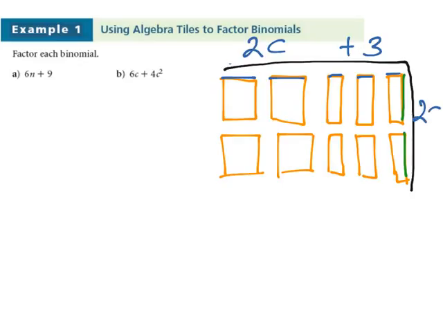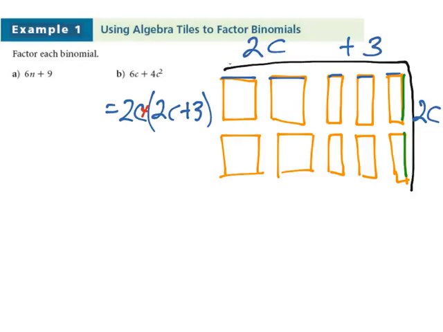So therefore our answer is 2c, bracket, times 2c plus 3. Don't forget that it is multiplication. That's what we're looking at: what two values, or polynomials, or binomials, multiply to get 6c plus 4c².